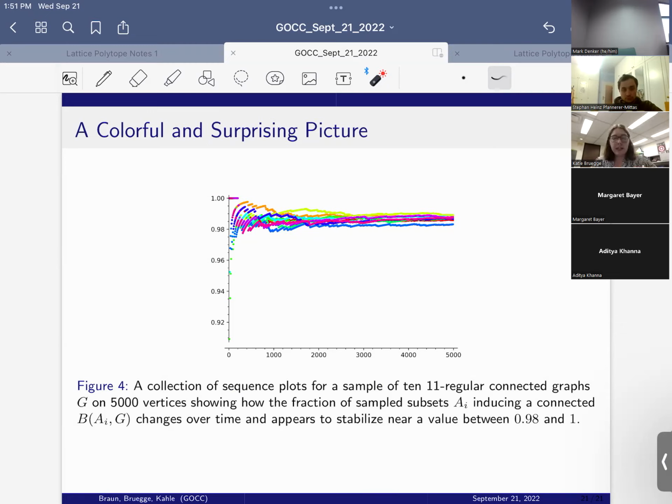of the vertices for each of them, and found that for all of them, it seemed to stabilize at at least 98% of the induced bipartite subgraphs we saw turned out to be connected and were facet subgraphs.